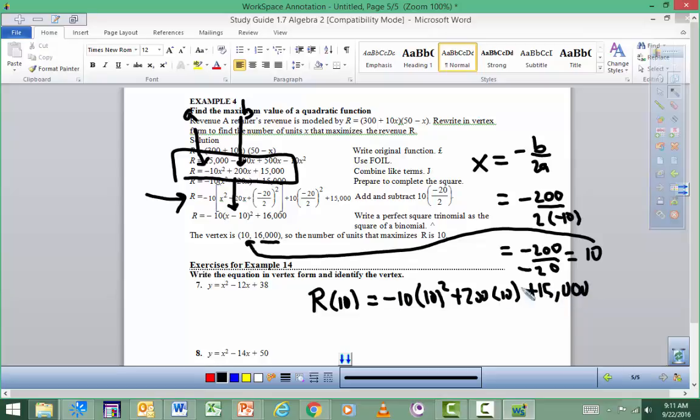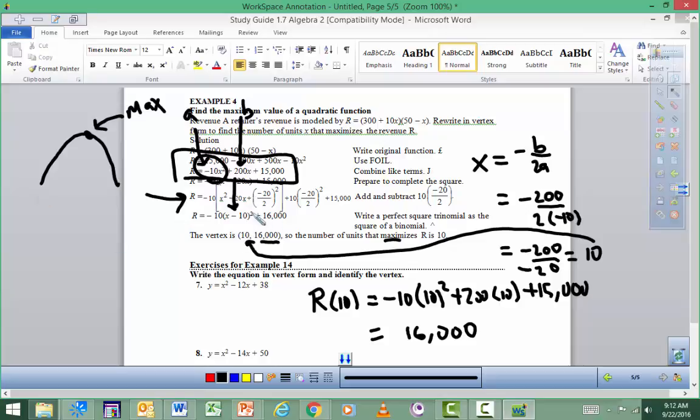And I'm sure if you do that in your calculator, you end up with 16,000. Now, one question remains: is this a maximum or a minimum? Now remember, because of this negative right here in front, that means the parabola opens down. Well, if the parabola opens down, then it's going to have a highest point, and that makes this a maximum. So that's why we could say this is a maximum. Make sense?